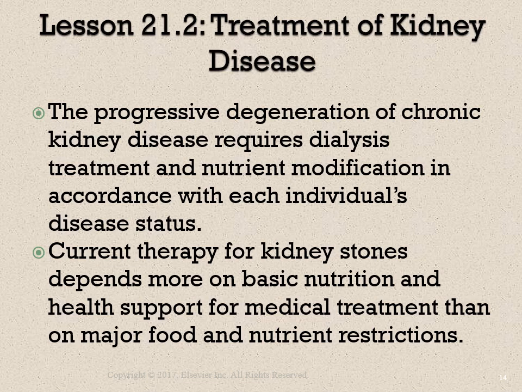Current therapy for kidney stones depends more on basic nutrition and health support for medical treatment than on major food and nutrient restrictions. So for chronic kidney disease, things that require dialysis, we need those modifications. But for things like kidney stones, we don't need those significant modifications. We're going to treat the kidney stone, and once it's resolved, we're not going to need those long-term nutrient restrictions.